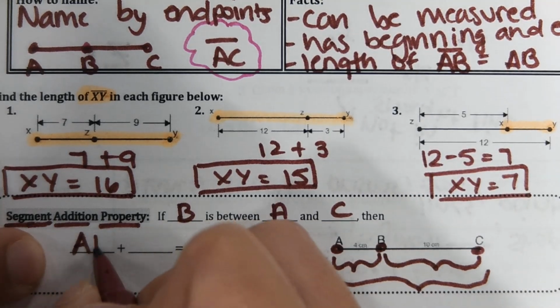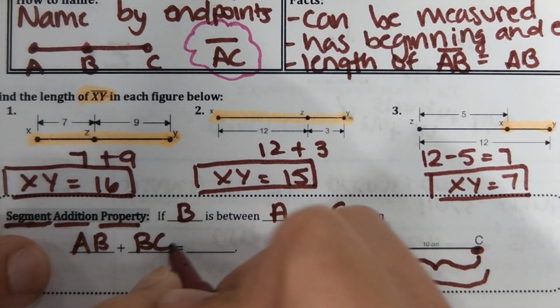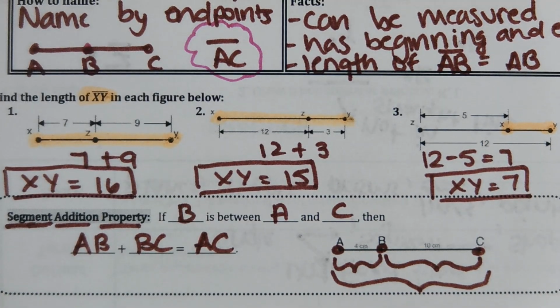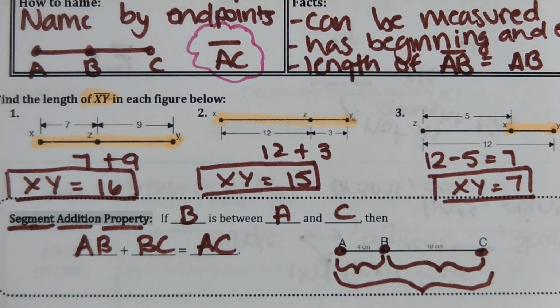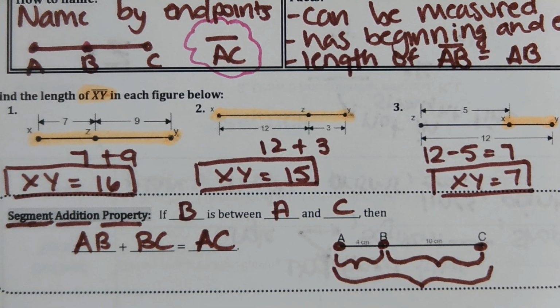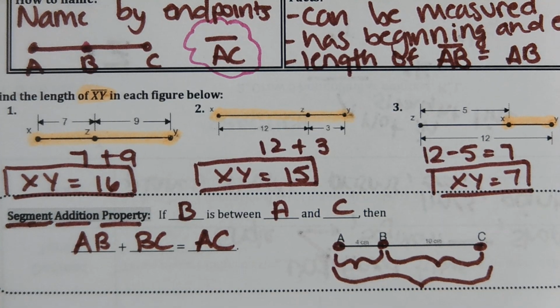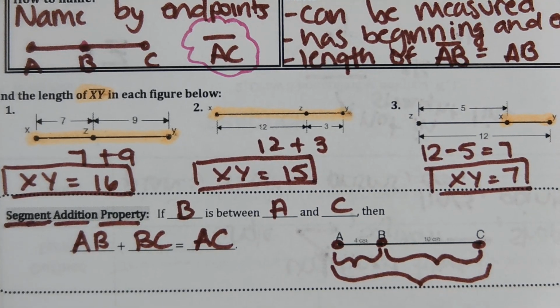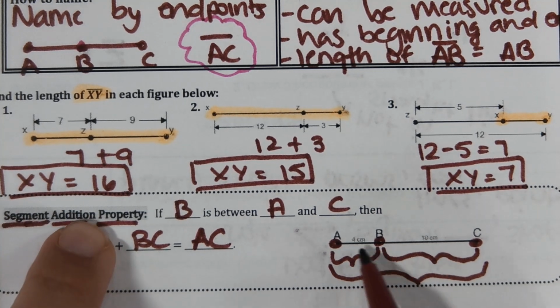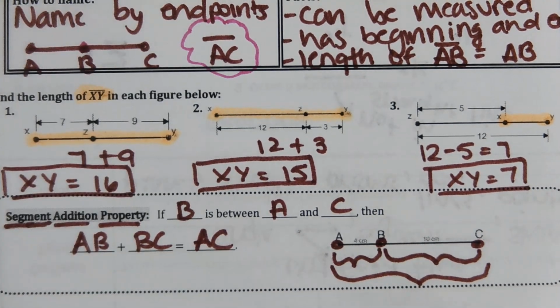So segment AB plus BC equals the length of AC. Again, I challenge you to keep this vocabulary in the back of your head. Segment addition property: literally, we're working with line segments, adding the different segments together to make the whole thing.